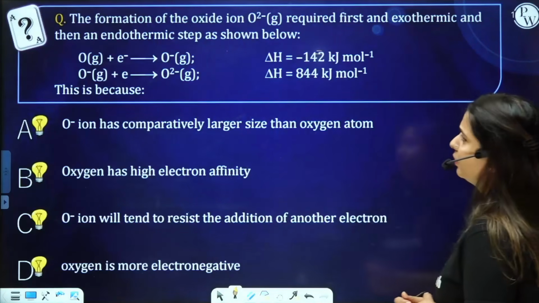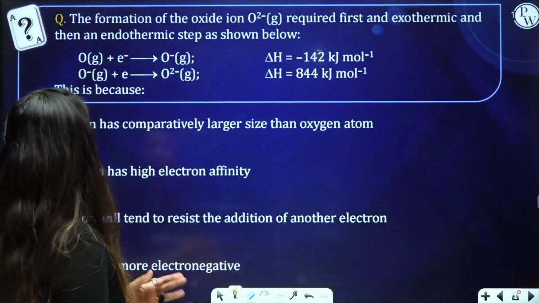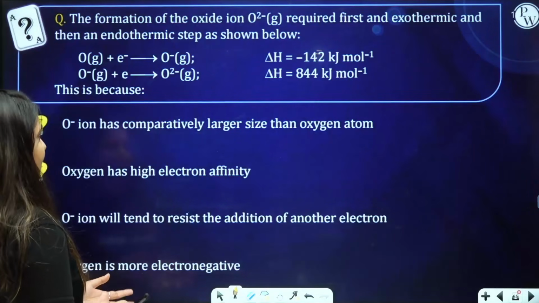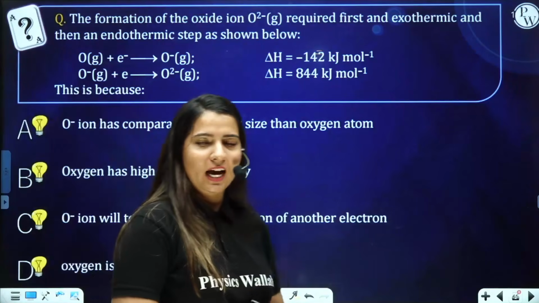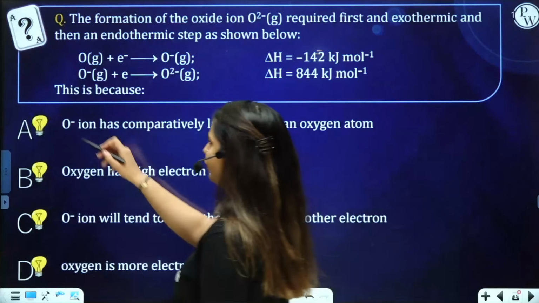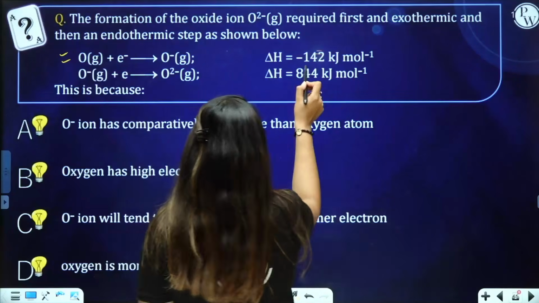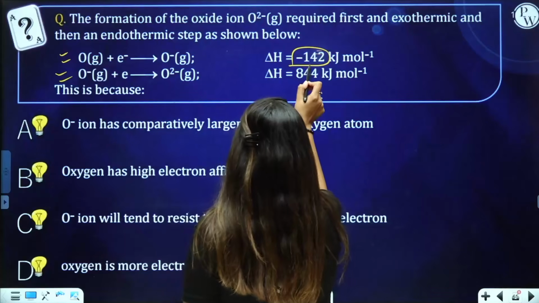Next, the formation of the oxide ion required first exothermic and then endothermic steps. Why? We know this; I don't think we need to see the options. First you add an electron, and that process is exothermic. Then you add another electron, and the process is endothermic. Why?